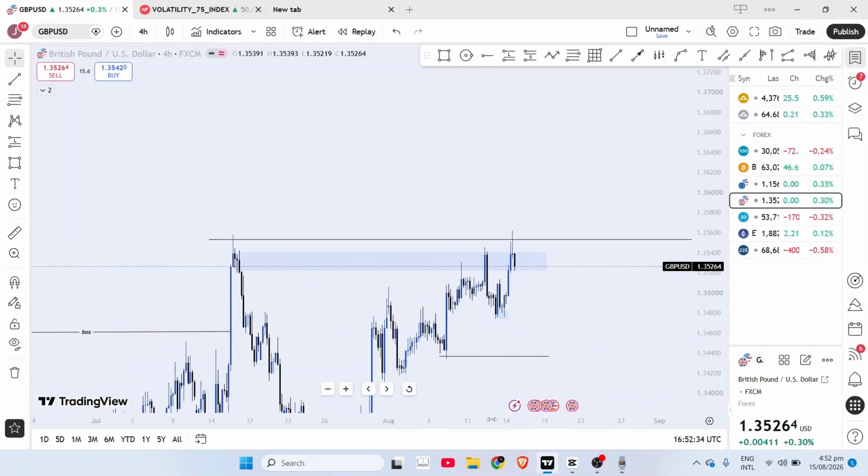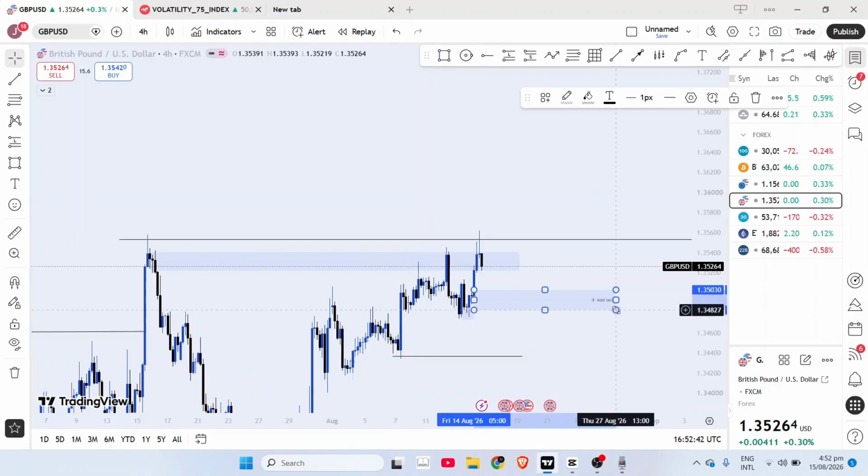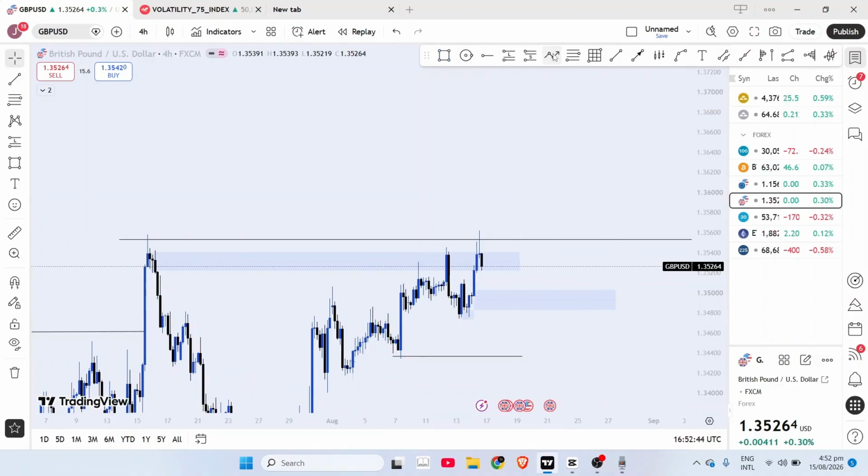So I'm watching if price would want to retrace into this zone right here and then continue going upward, or price wants to come down, take out this low and fulfill the bearish move.